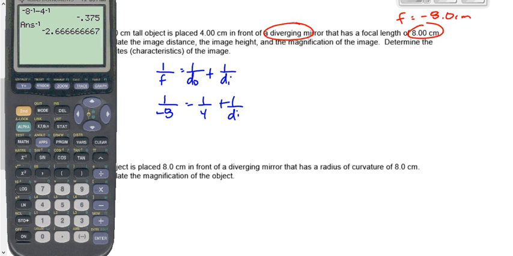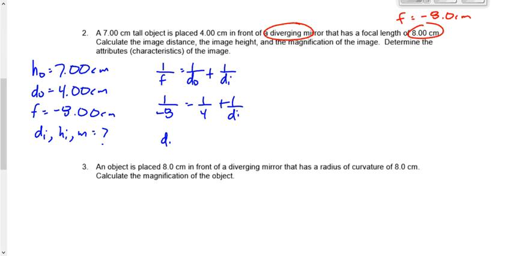We get a value of negative 2.667. So there's DI, negative 2.67 centimeters. And the fact that that's negative tells me that it's a virtual image. That's one of the 3 characteristics now.